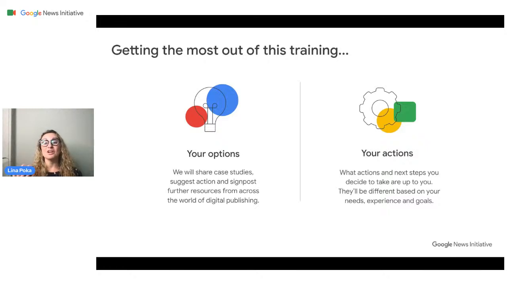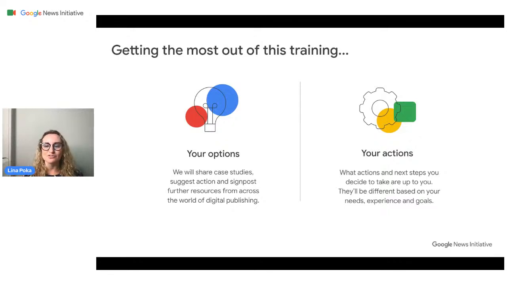When it comes to the world of digital publishing online, it's a very complex world, as I'm sure you can relate to. Each and every business is going to have different, unique challenges, with a different audience and a varying amount of resources available. So what we're going to be showcasing is different case studies, actions, tools, and resources, and those are only suggestions.